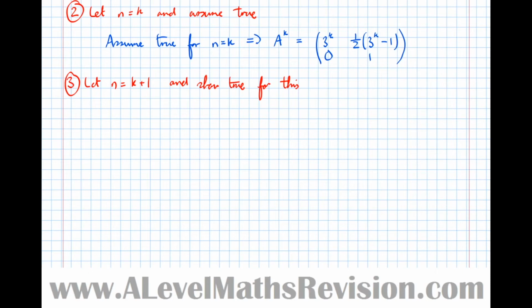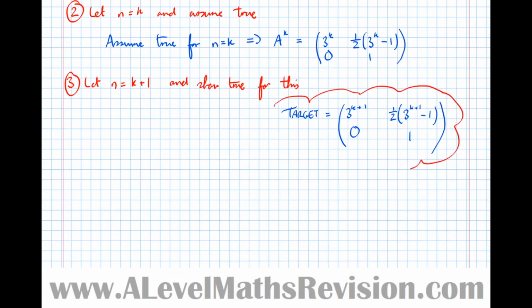So just as a bit of a side note, let's just write our target. So target equals [3 to the k plus 1, 0; half of (3 to the k plus 1 minus 1), 1]. And that's just to remind ourselves what the left hand side has to equal when we do this proof. So we'll keep that to the side there and keep referring back to it.